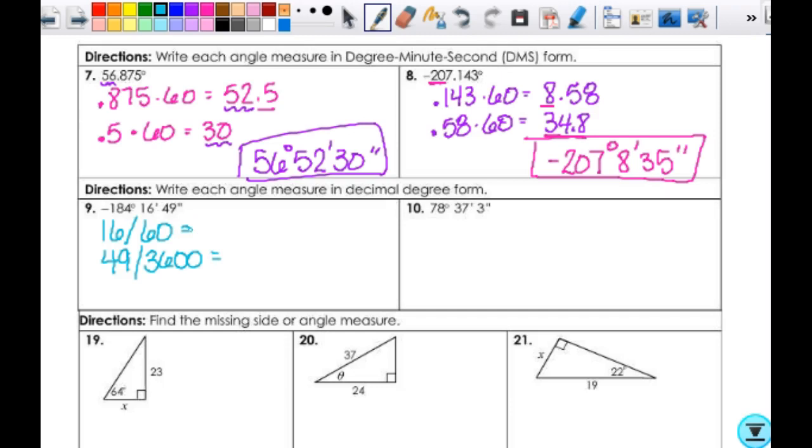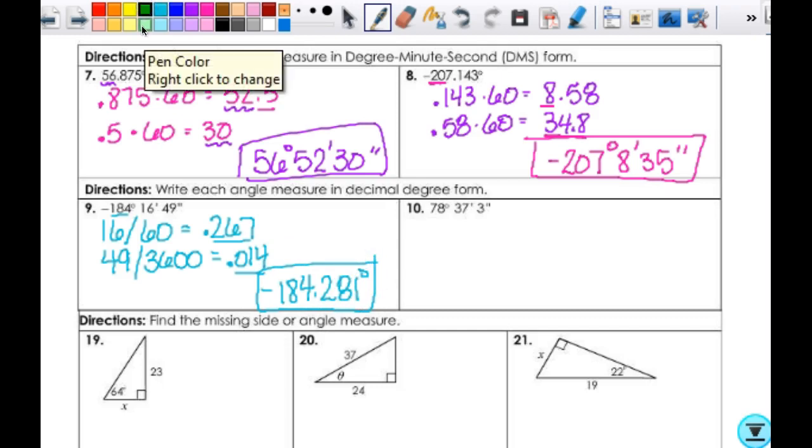So 16 divided by 60 is going to give me 0.267, and then 49 divided by 3600 is 0.014, and then these are all degrees now, and we add them all up, and we get negative 184.281 degrees.